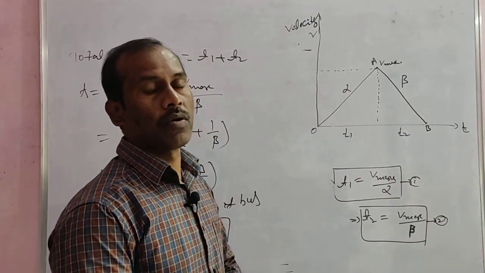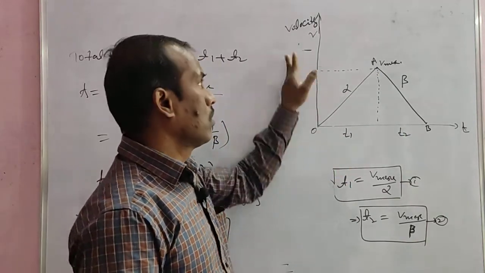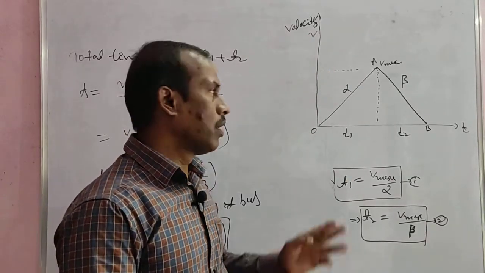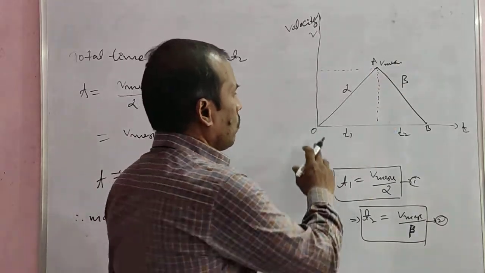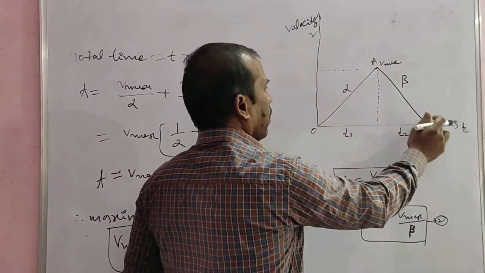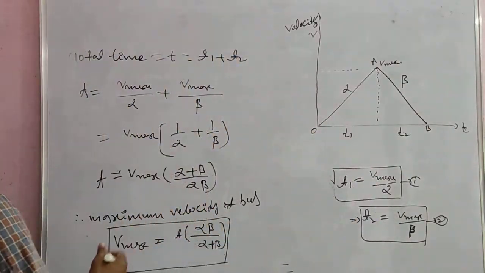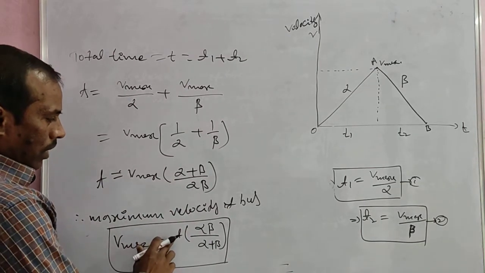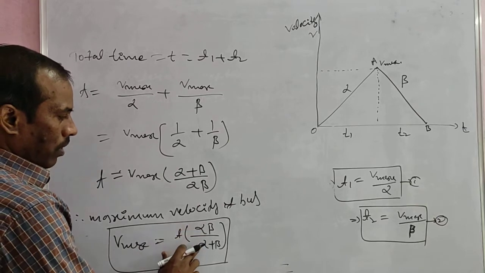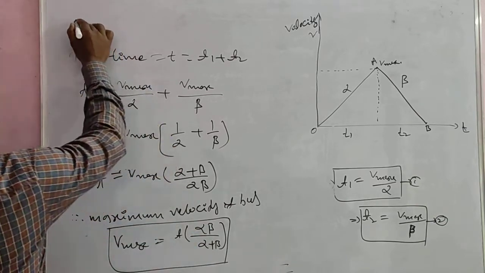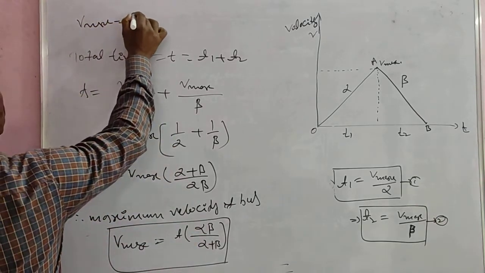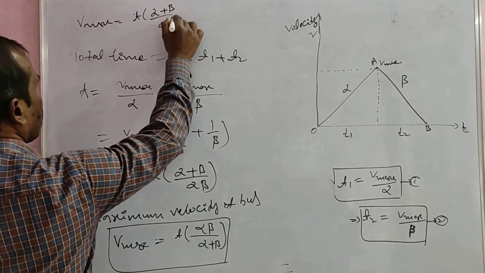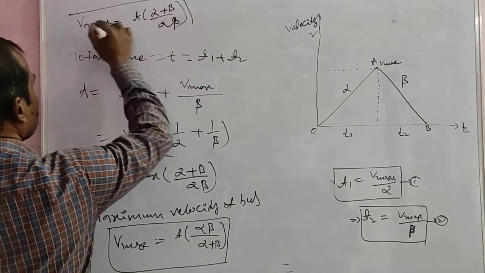The displacement is the area under the triangle OAB. Note this one first of all. We want the maximum velocity, which is equal to T into alpha beta by (alpha plus beta). This is the maximum velocity.